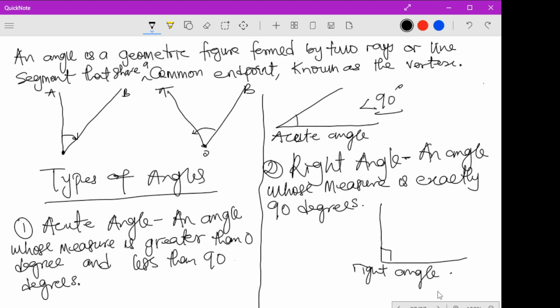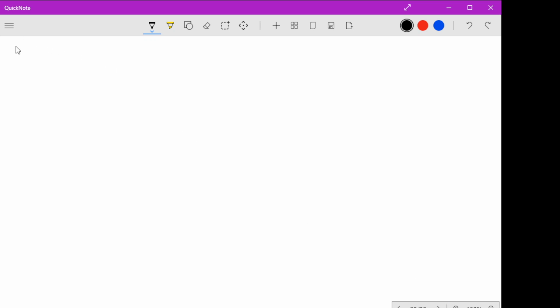So now let's go to the third type of angle.